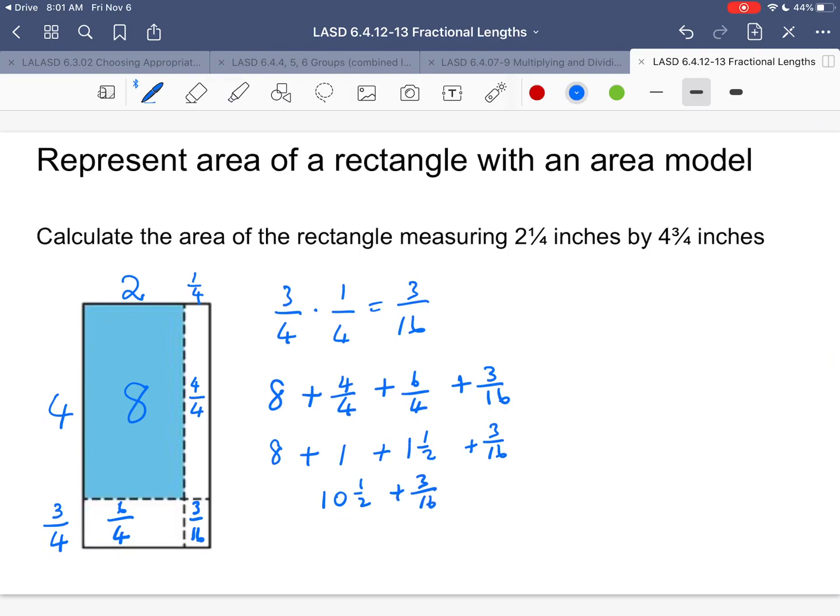And I want to add my half and 16ths together, so I need a common denominator. So I'm going to say 10, and if I want to make the half into a fraction with 16ths, that would be 8/16. And I still have the 3/16 here, so it's going to be 10 and 11/16ths would be the area of the rectangle using the area model.